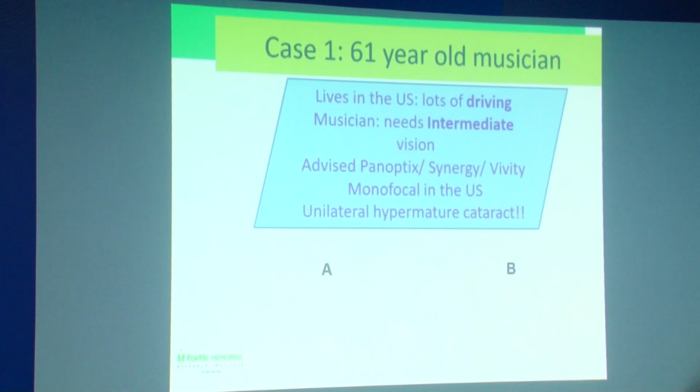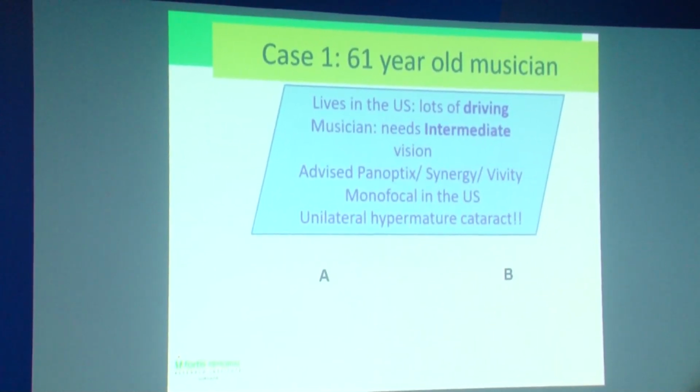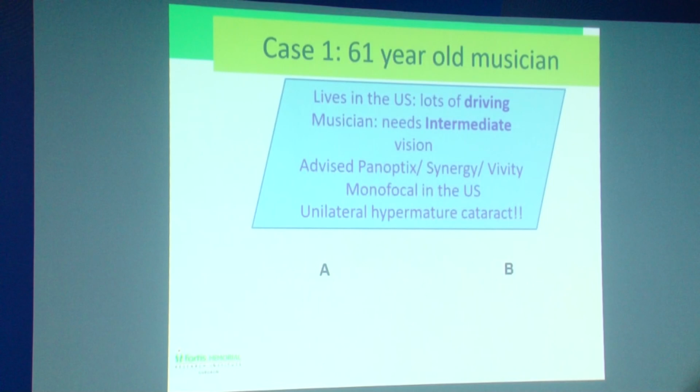So I'm going to just illustrate with a 61-year-old musician who used to teach my daughter keyboards and had moved to the US, lots of driving. Now as a musician, he needs his intermediate vision, and he'd been advised all the lenses in the US. And just to add, he had a unilateral hypermature cataract and no pressure.